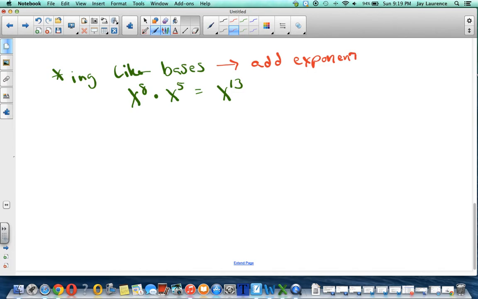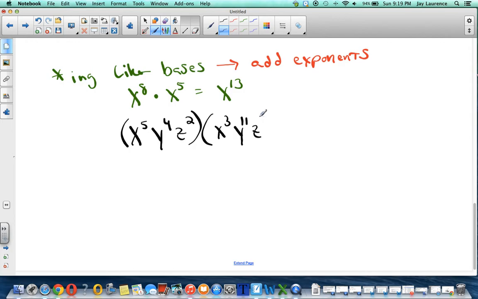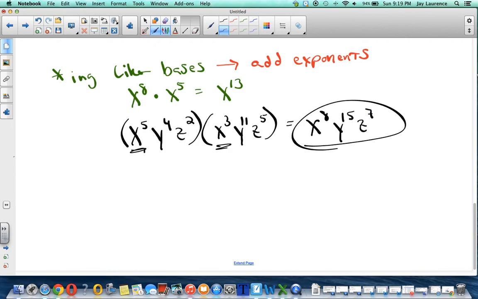And it doesn't matter if it's a big kind of ugly problem, like if I have x to the 5th, y to the 4th, z to the 2nd, and I'm multiplying that by x to the 3rd, y to the 11th, z to the 5th. Okay, well, x to the 8th, right? y to the 15th, and z to the 7th. Pretty easy stuff.